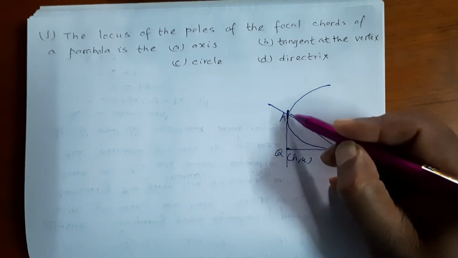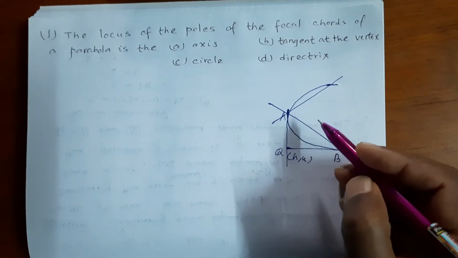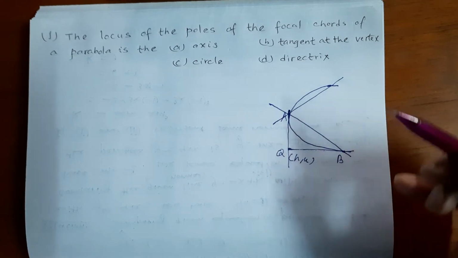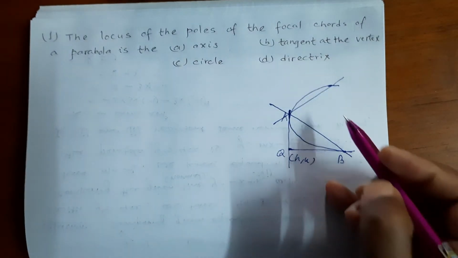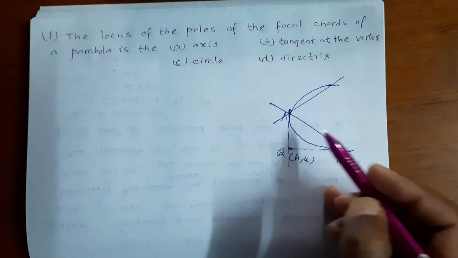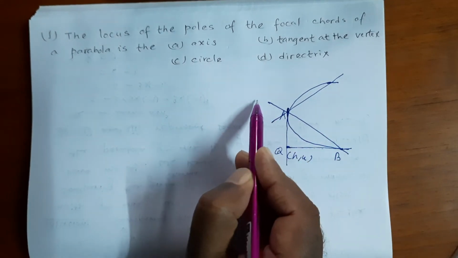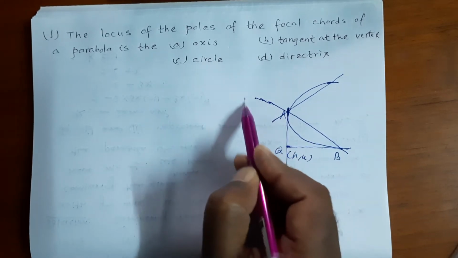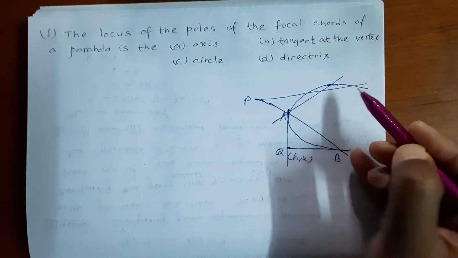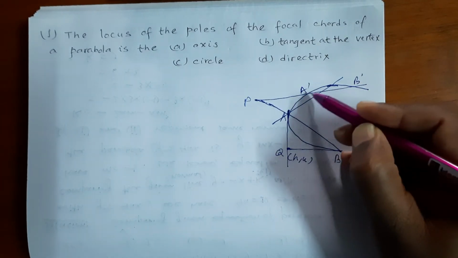Similarly, tangent at A, there is a new point P, and suppose this is A dash, this is B dash.